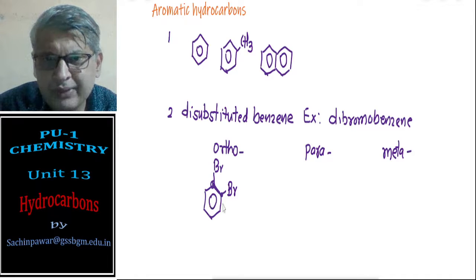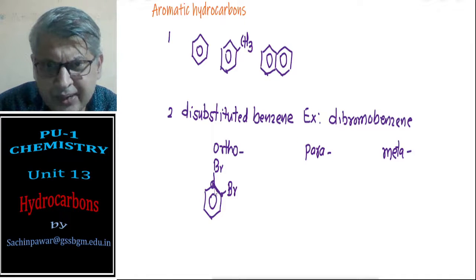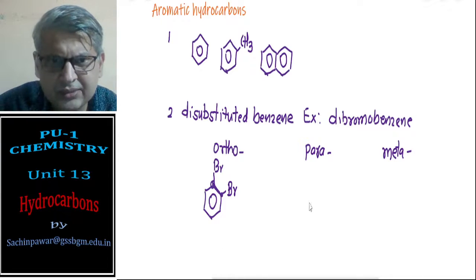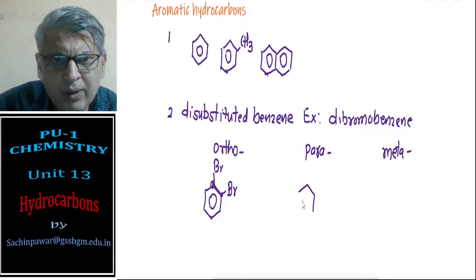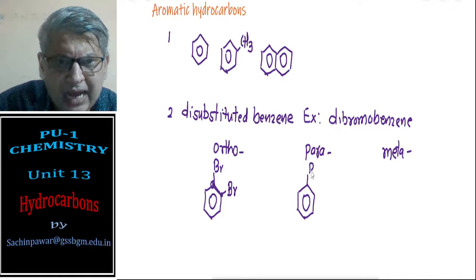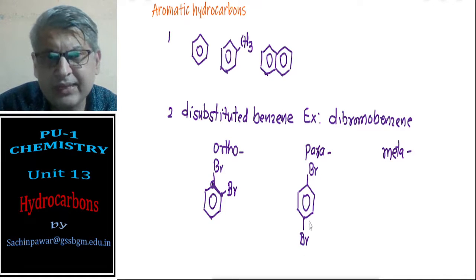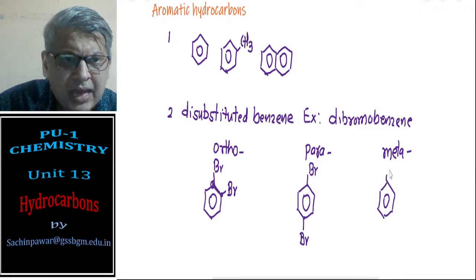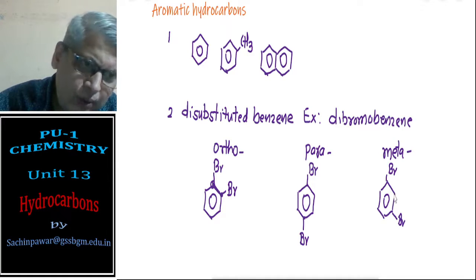So this can be on adjacent carbon atoms, meaning any two adjacent carbon atoms. Para means the one where the two halogen atoms or the two functional groups are on opposite carbon atoms. Then it is called para. And meta means the one where the two functional groups are at carbon atoms which are separated by one carbon atom.